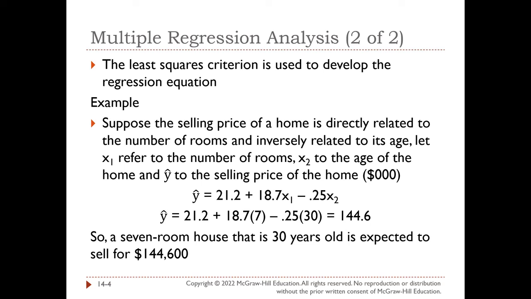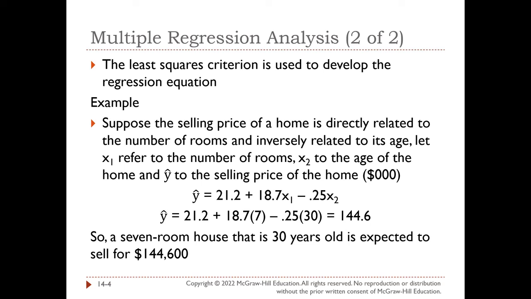Y hat equals 21.2, because again, that's the y-intercept, plus 18.7 x1 minus 0.25 x2. And then we can actually plug in any numbers that we like and find the selling price. So a 7-room house, according to this equation, that is 30 years old, is expected to sell for $144,600. Neat.